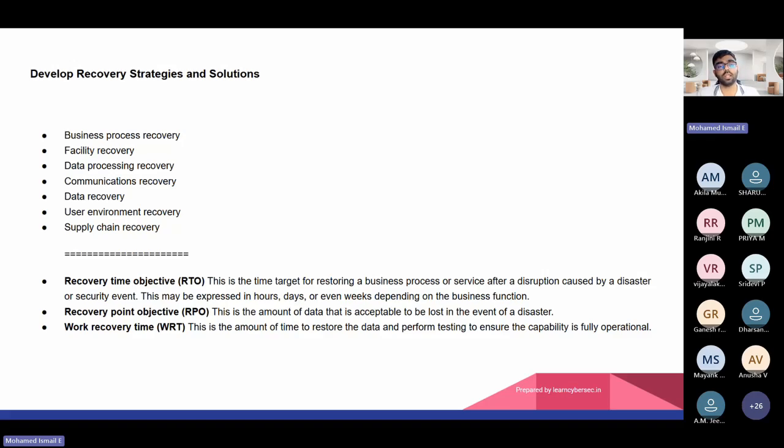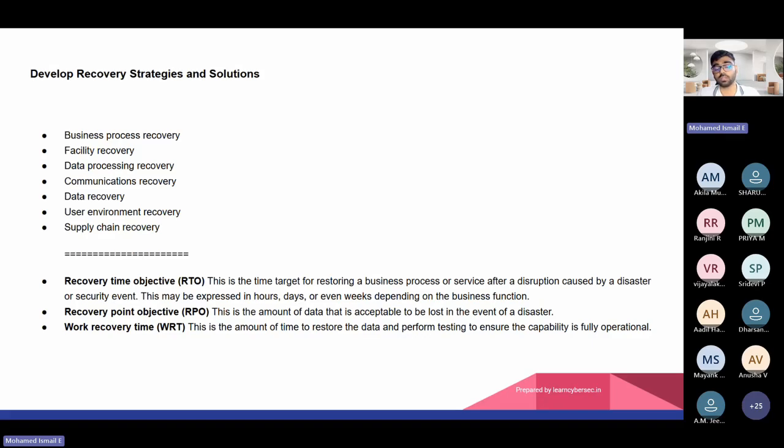Then I would like to highlight these three terminologies: RTO, RPO, and WRT. As a security professional preparing for the Certified in Cybersecurity exam, you must know these three terminologies clearly, right? Recovery time objective. This is the time target for restoring a business process or service after a disruption caused by a disaster or security event.